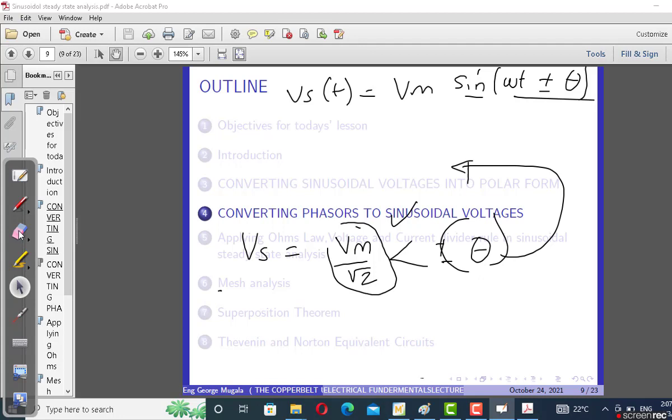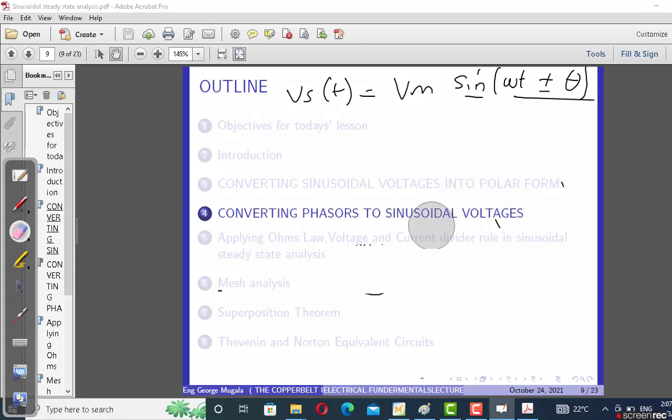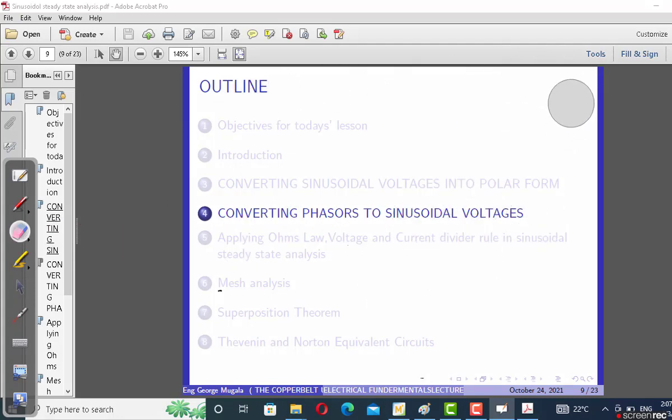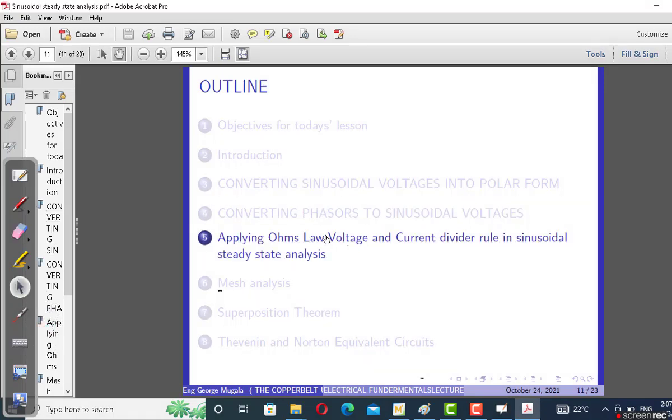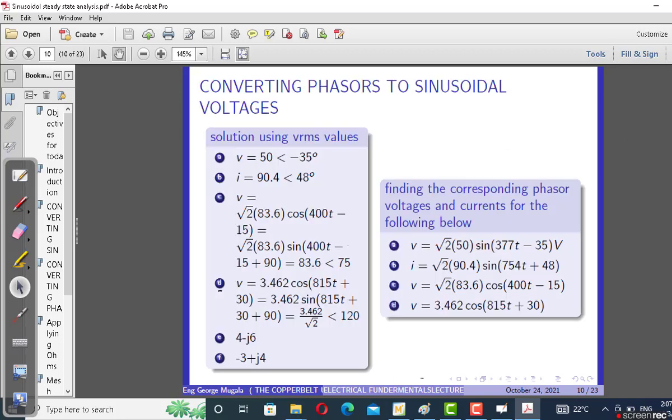Now real quickly, let's make some progress here. Let's go back. We can now do this, and then we can apply Ohm's law, voltage and current divided, and then current. Okay, so now here's the point.